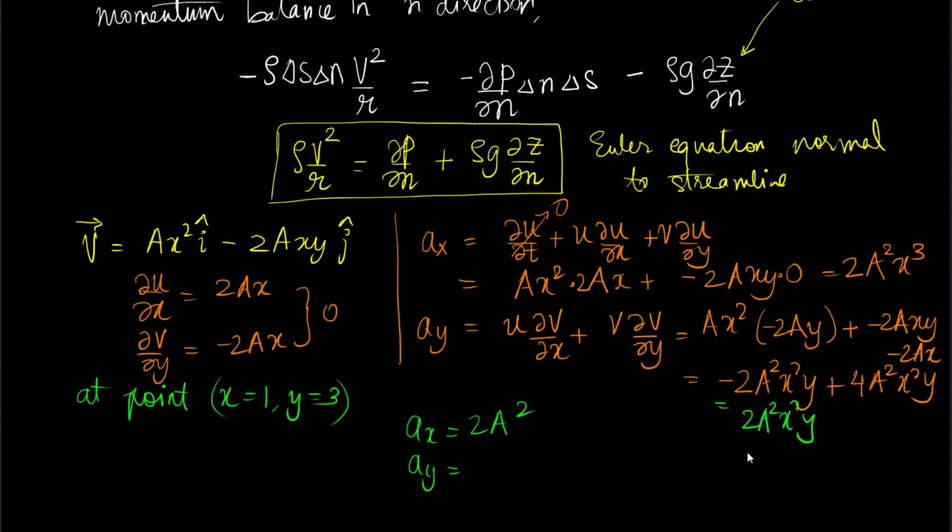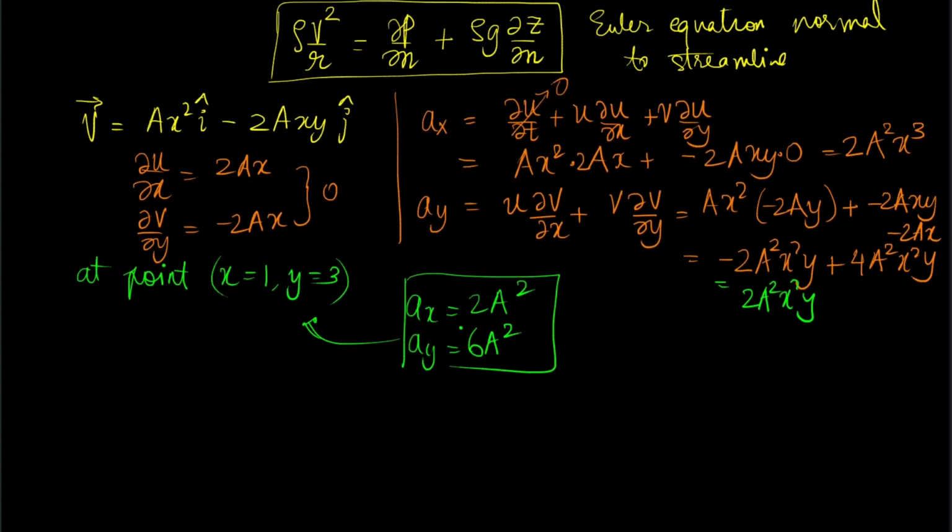So substitute y equal to 3. So this becomes 6a square. So the acceleration at this particular point at any time would be given by this.